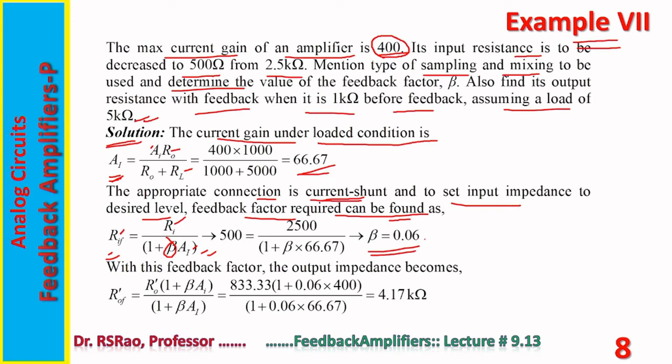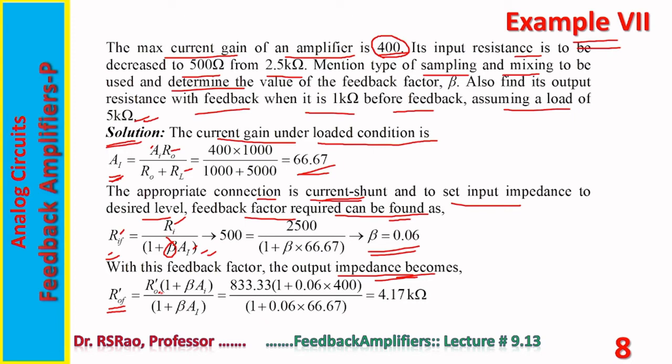With this feedback factor, the output impedance becomes R prime OF, or output resistance with feedback when load is connected. R prime naught is output resistance of the amplifier without feedback with load connected.